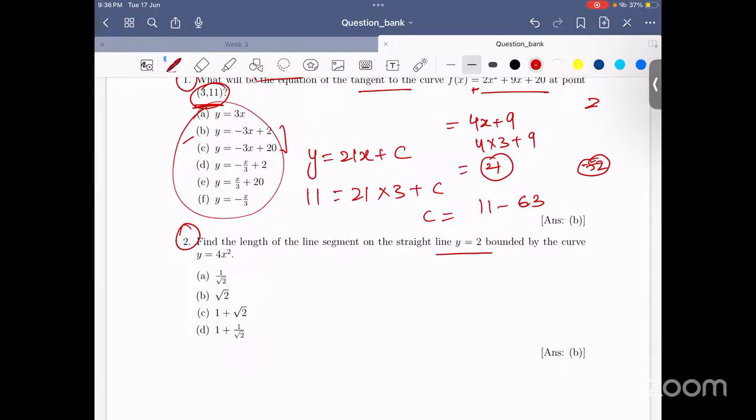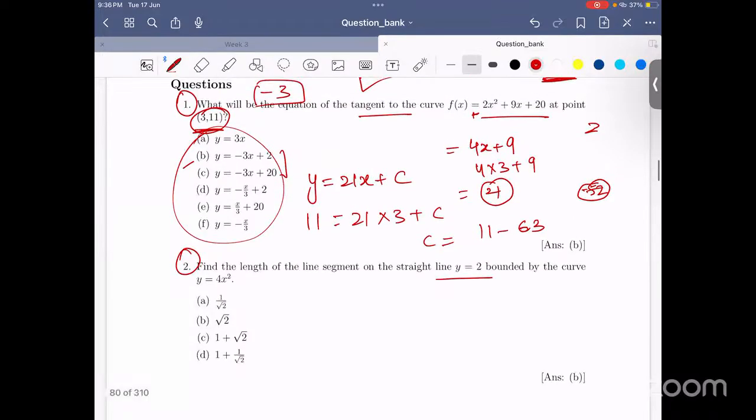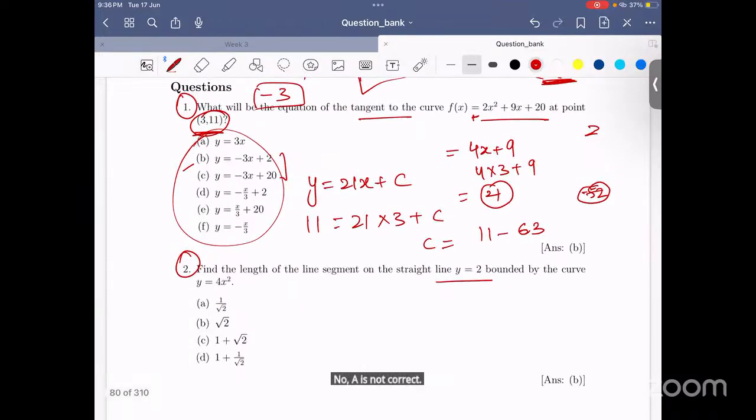A. No, A is not correct. C, sir. Yeah, B, how did you calculate that? Root 2. Correct. So this is the equation.